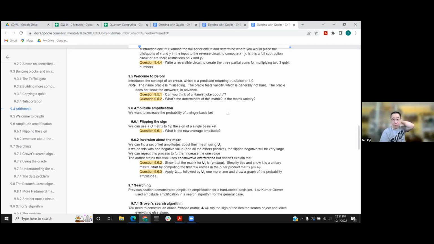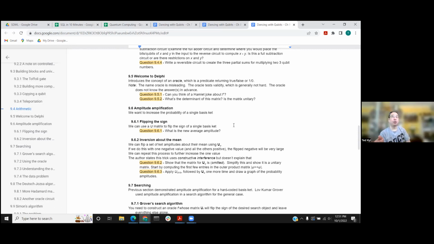Okay, so section 9.6 says we are going to do this useful function: amplitude amplification. We want to increase the probability of a single basis ket. So if you have 4 qubits in a system, you have 2 to the 4th, 16 basis kets.